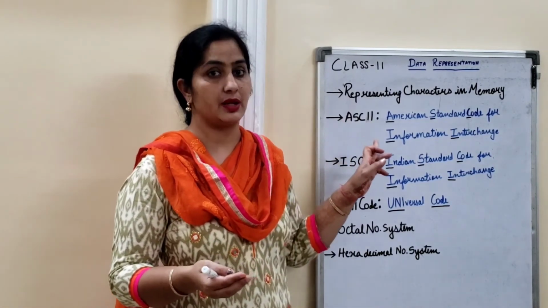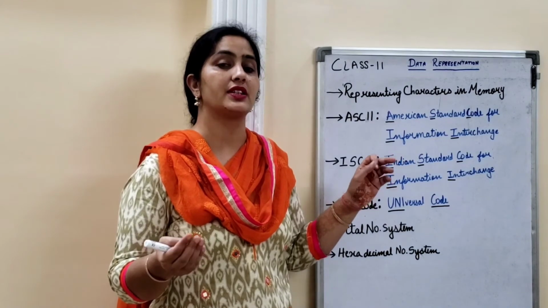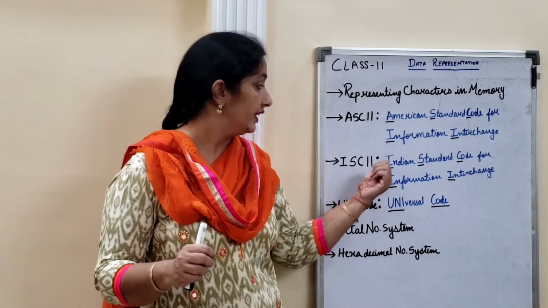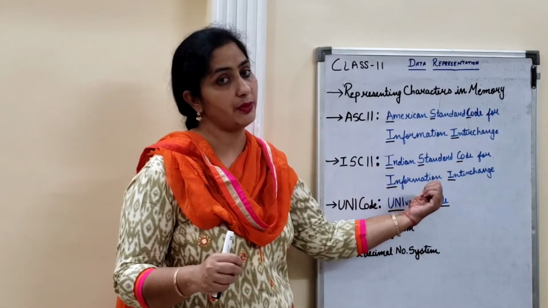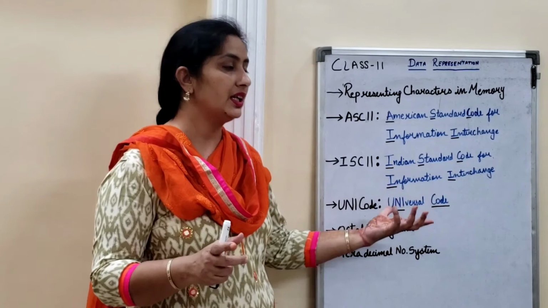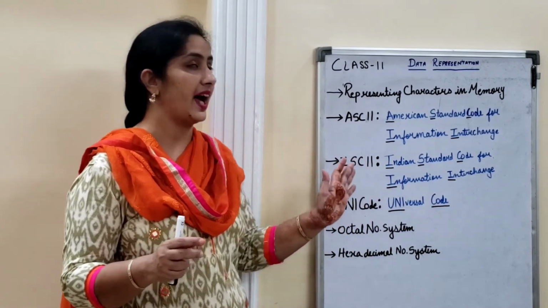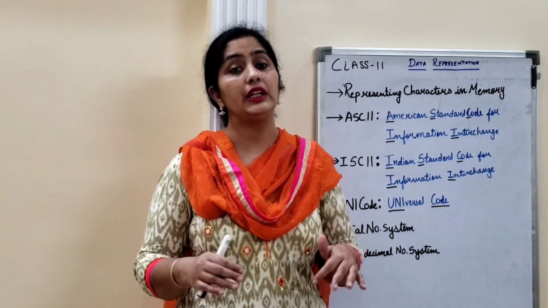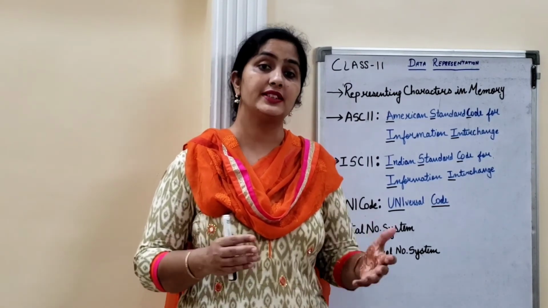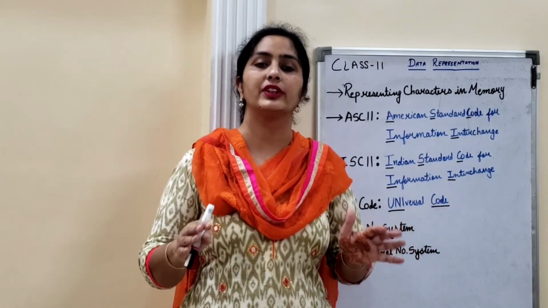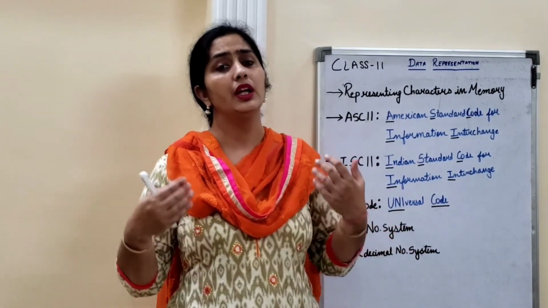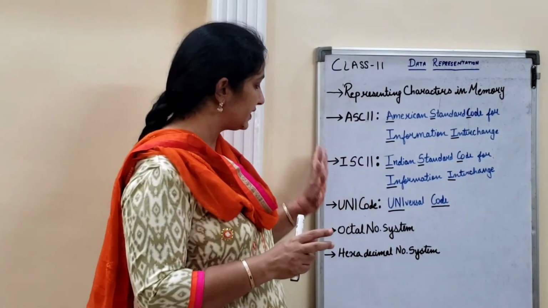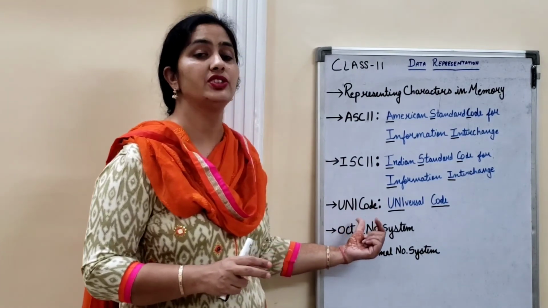Now, other operating system like BOSS is an operating system which is developed by Indians. So for that we need to have ISCII, that is Indian Standard Code for Information Interchange. Similarly, if we are going to use this ISCII, we are only going to have Indian languages, not English language. But we need English language as well, or we can say that we need all the languages of the world so that we can do our programming in whatever language we want. So what computer experts did, they made one code that is known as Unicode.